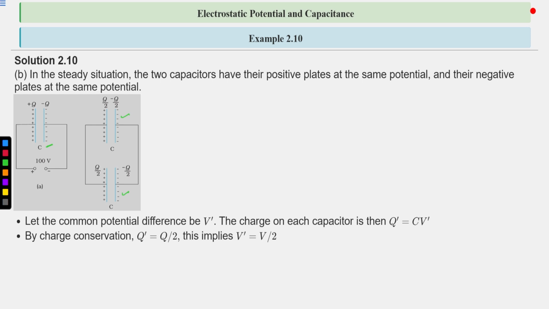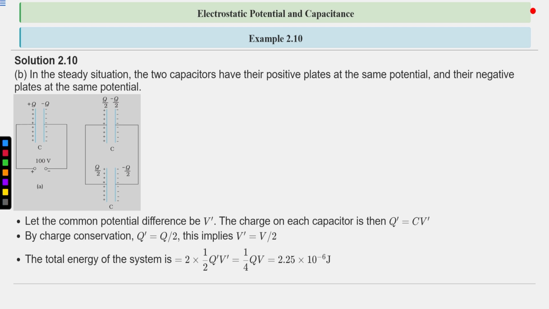Putting Q dash equal to Q by 2 in this, V dash will be V by 2. The common potential of these two capacitors is V by 2, and charges are distributed equally because they are identical.